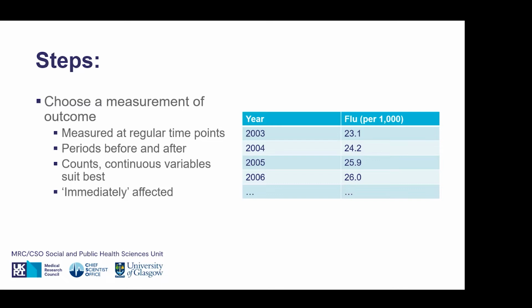Outcomes such as counts or continuous variables suit this method best for plotting that linear model before and after. The other key thing is a good strong interrupted time series will be looking for an outcome that is immediately affected and therefore detectable at a defined time point. If your outcome, for example, is cancer incidence, that might be years and years and years after an intervention such as smoking bans.